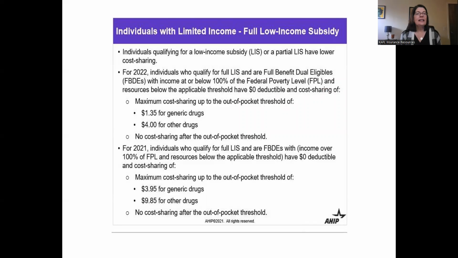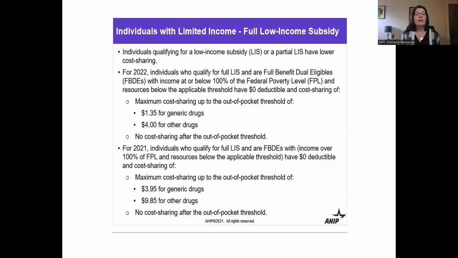So these are the individual costs. If somebody has full low income subsidy, this is what they're going to pay. And again, these are 2022 figures. So if somebody qualifies, they have income at or below 100% of the federal poverty level, resources below the applicable threshold, they have a $0 deductible, and this is their cost sharing. $1.35 for generic drugs, $4 for other drugs.